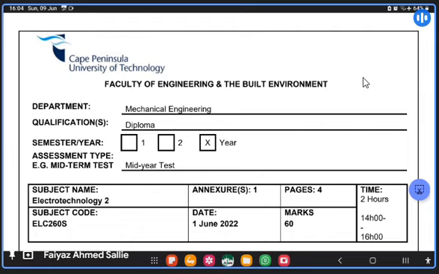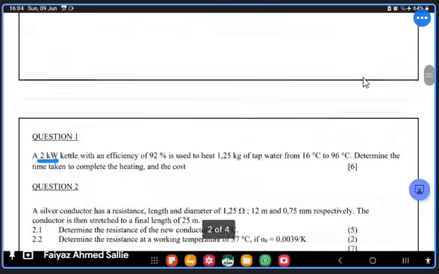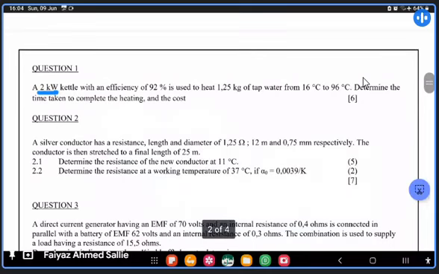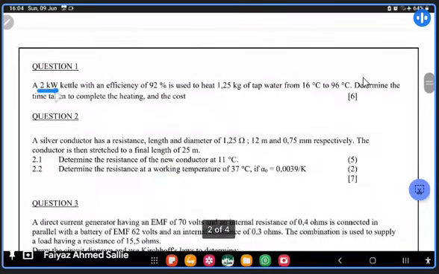For today's lesson, we'll be doing all the questions that were asked on the WhatsApp group, and this is a question answer session. Some people have stated that this question is not clear enough, so I'm going to do question number one.